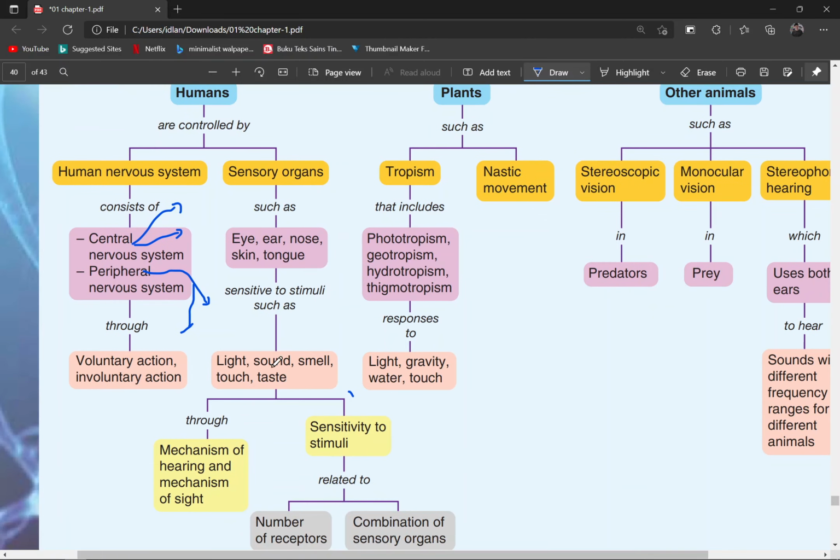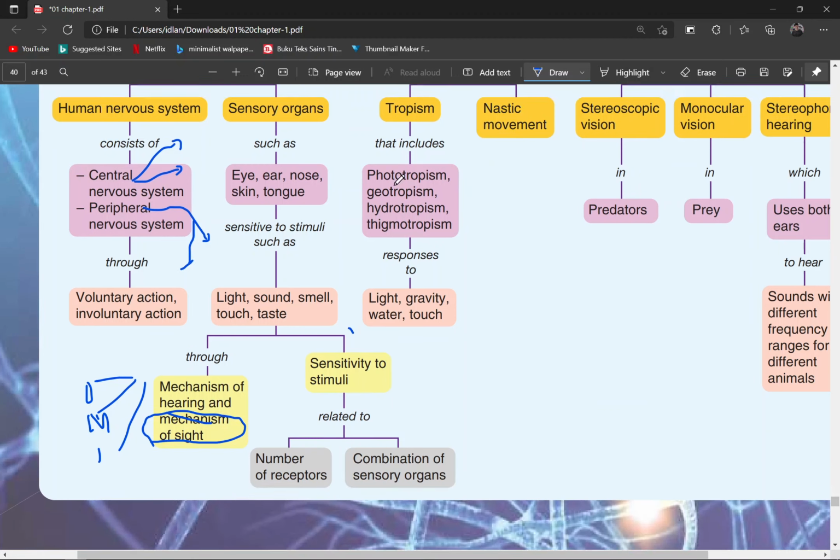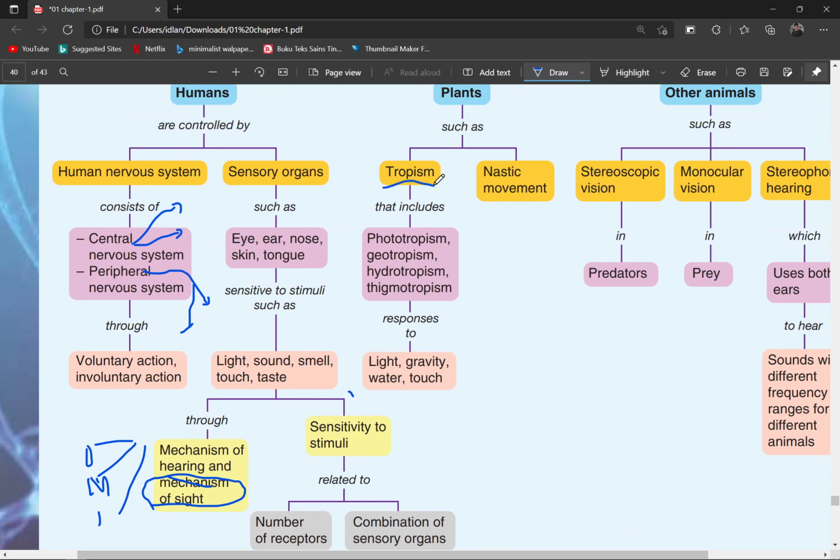Okay, biasa. Light, sound, dah tahu dah. Hearing, kita ada 3 part: outer, inner dengan middle. Lepas tu mechanism of sight, yang gambar terbalik, lepas tu otak kita yang betulkan. Okay, tropism.